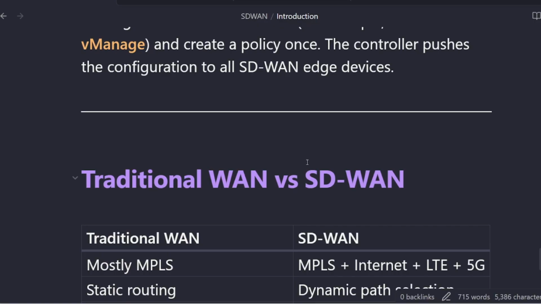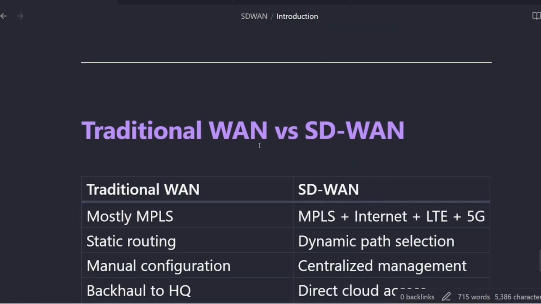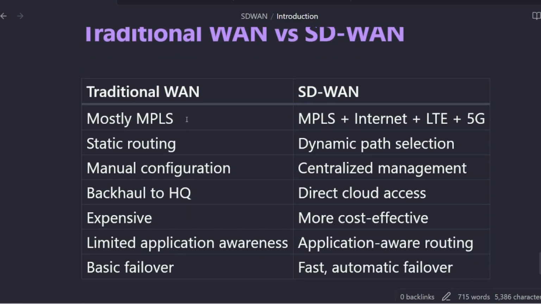Let's understand in a tabular form what traditional WAN provides and what SD-WAN provides. In traditional WANs, we are using mostly MPLS. Here we can use MPLS, Internet, LTE, 5G, whatever we want. Here we have static routing. SD-WAN supports dynamic path selection, like OSPF and BGP. Right. Manual configuration is needed in traditional WAN. Here centralized management will be there.